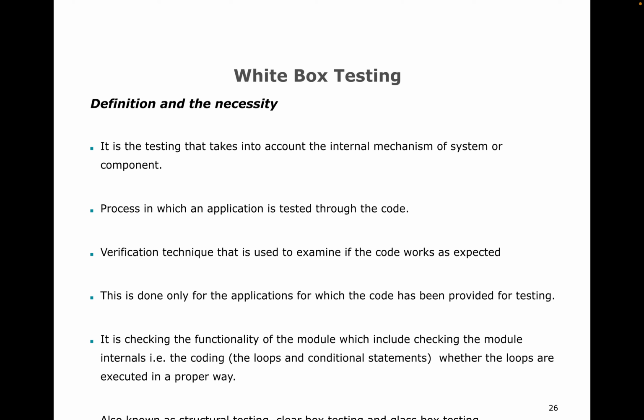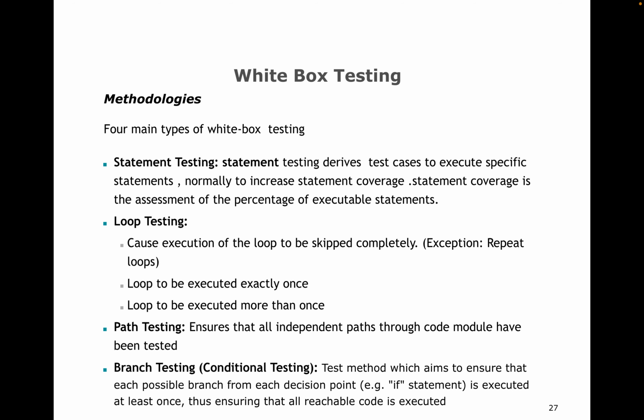As we discussed earlier, white box testing is done by the developer. It is the process in which an application is tested through the code. He will test the functionality through the code. So the developer should have knowledge of the functionality and of the code in white box testing.